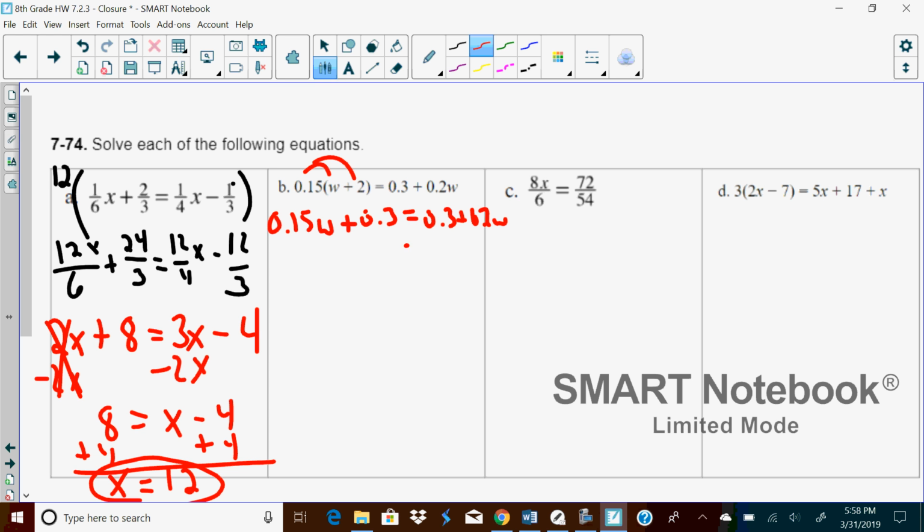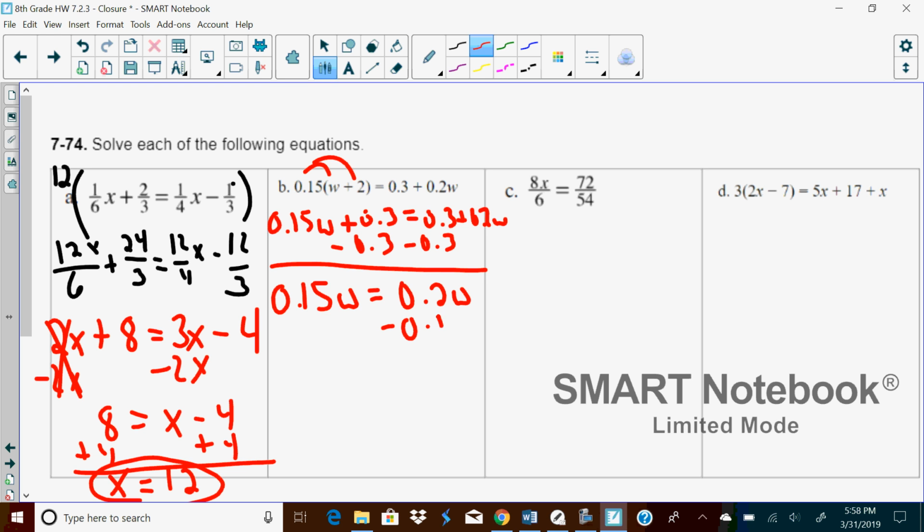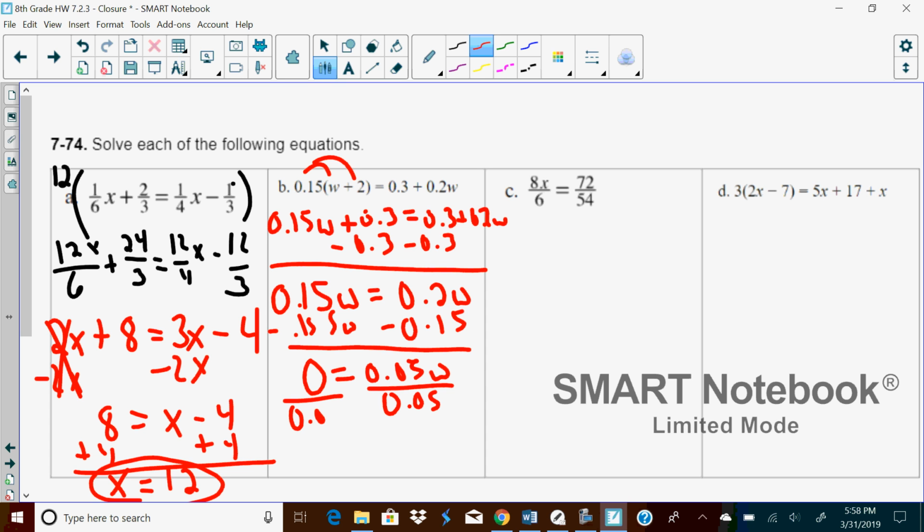So subtract 0.3 from both sides. So I'm going to get 0.15w equals 0.2w. Subtract 0.15w. So I get 0 equals 0.05w. Divide, w equals 0.